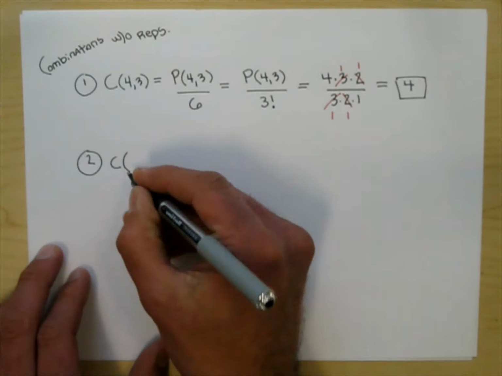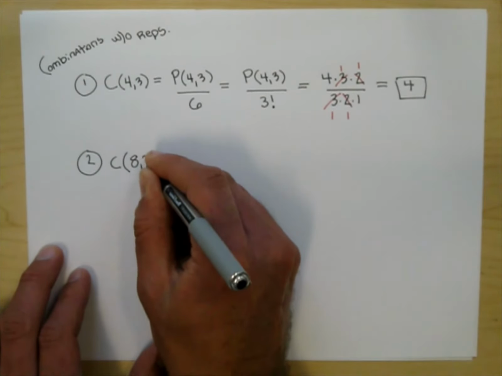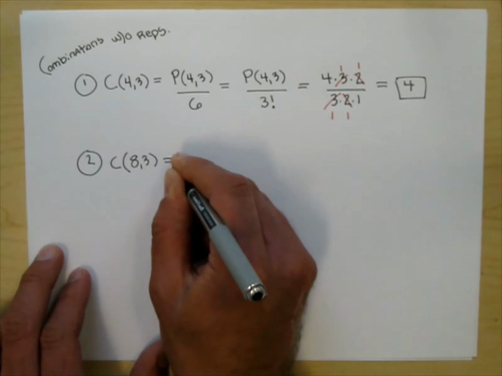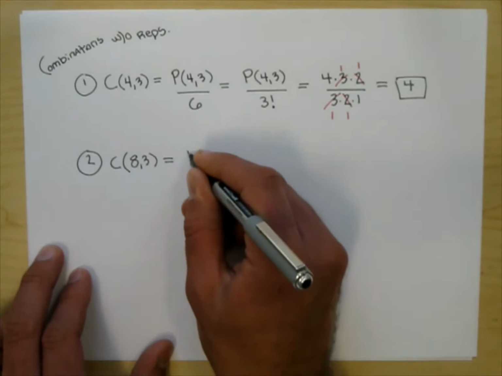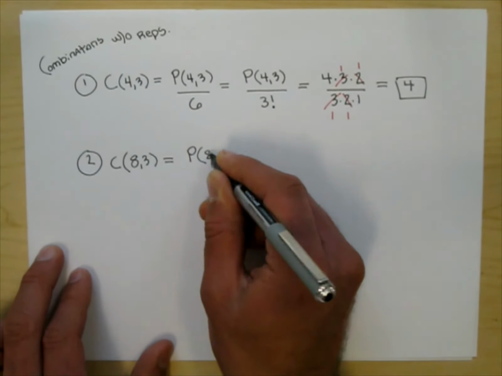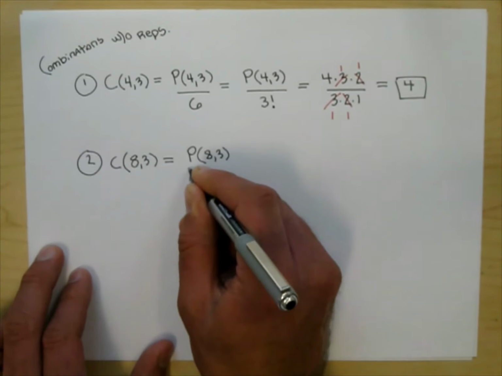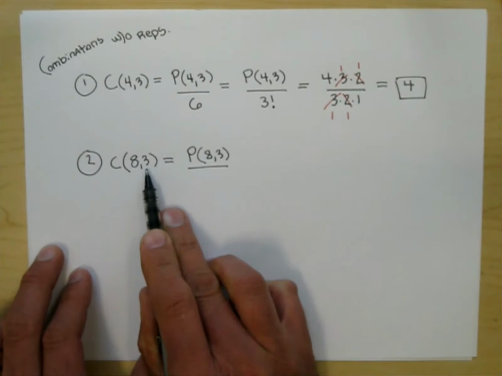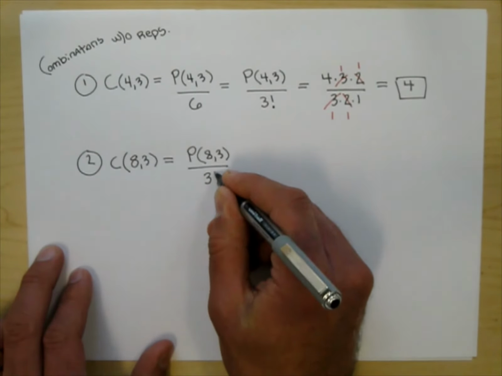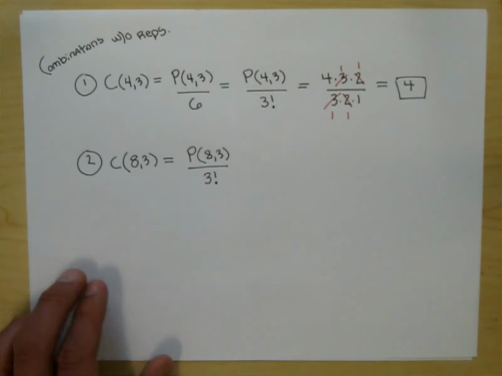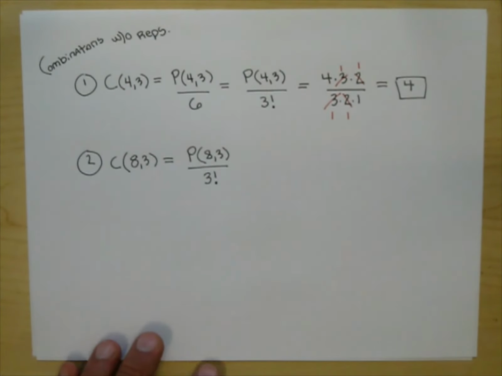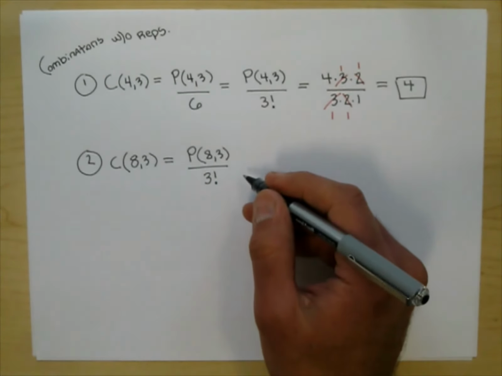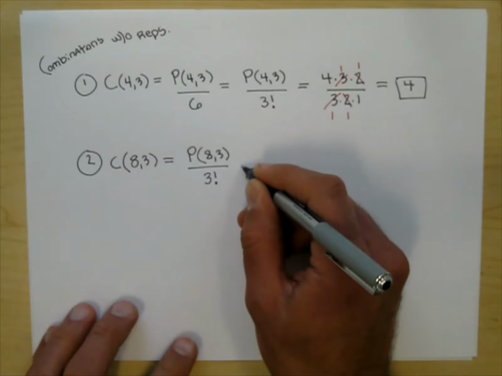So watch this. 8 choose 3 is 8 pick 3 divided by, and then that number factorial, so 3 factorial.